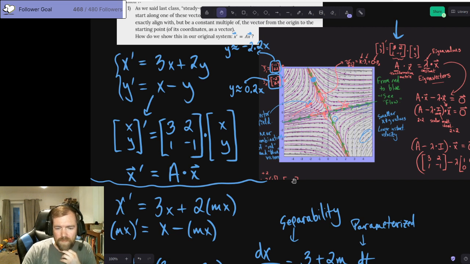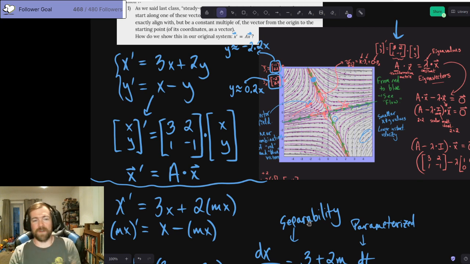And if we're at 0, 0 itself, what's going to happen to the whole system? Well, it's going to hit an equilibrium point, which means we're not going to go anywhere. Right, which means that no matter what our eigenvectors were, no matter what these steady state vectors were, all of them end up at 0, 0.